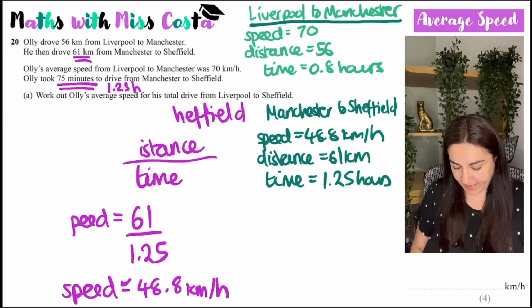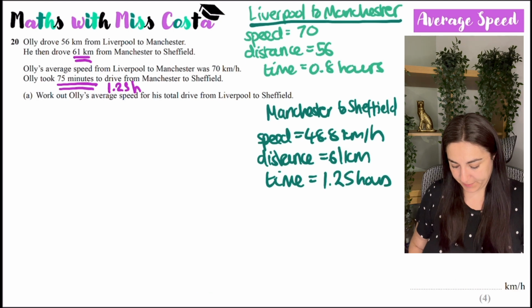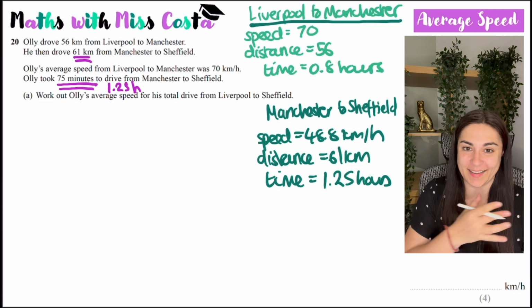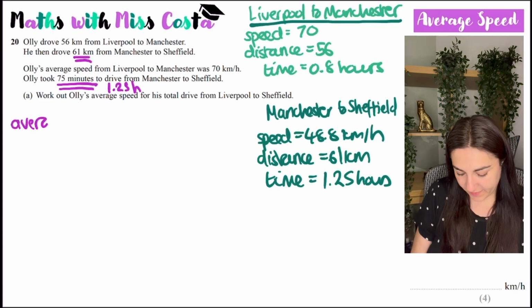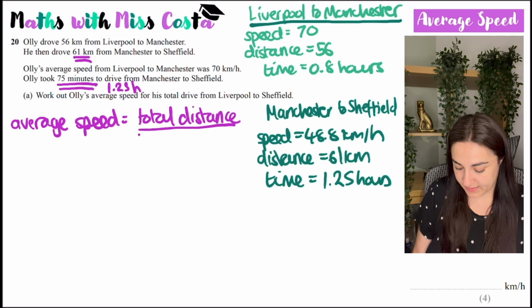So I need to work out his average speed, and to work out the average speed, it's not just work out the two speeds and then divide it by 2. To work out the average speed, you need to know the total distance divided by the total time.